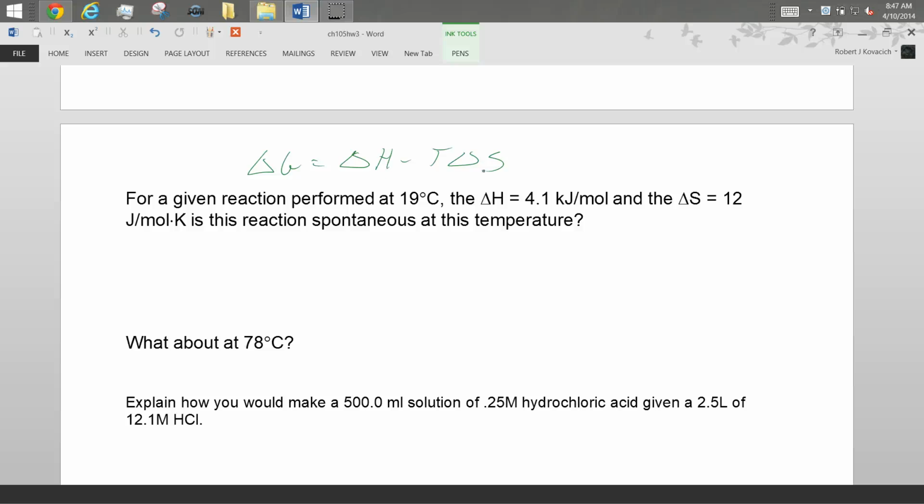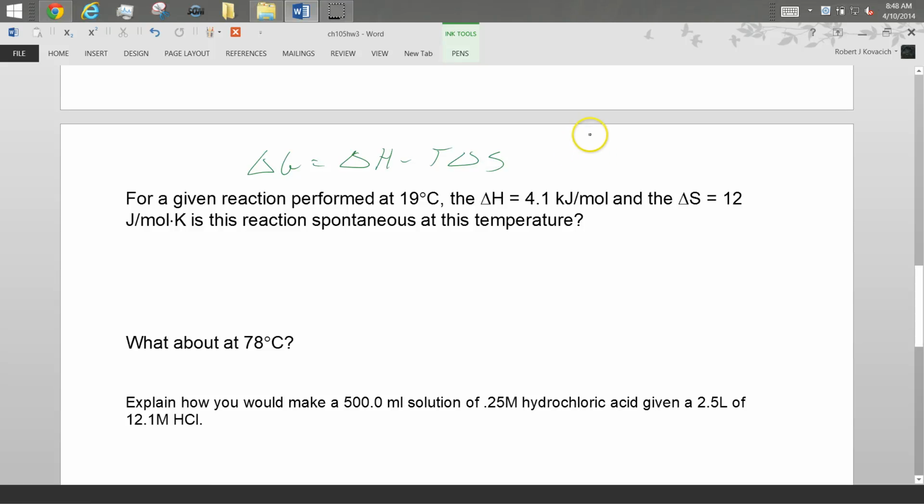And then look at the units for the enthalpy and the entropy. One's in kilojoules and one's in joules. It doesn't matter which one you change, but you have to change one of them. I think the easier one to change is probably the kilojoules, because the K just means 1,000. So if you take the K away, you just move the decimal place over on the 4.13 times.